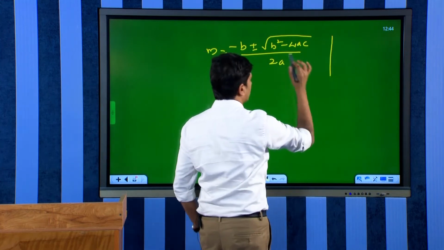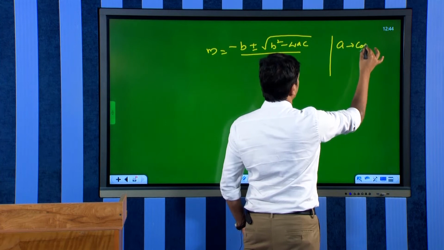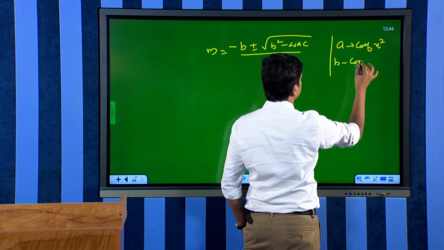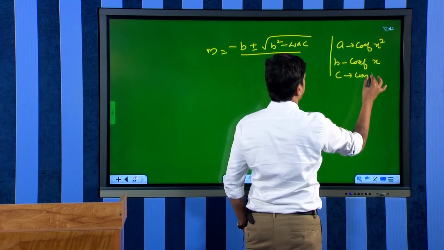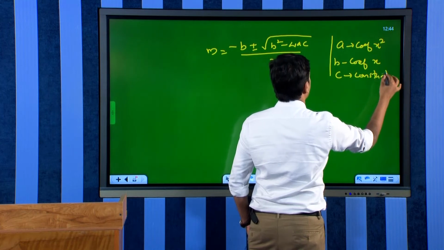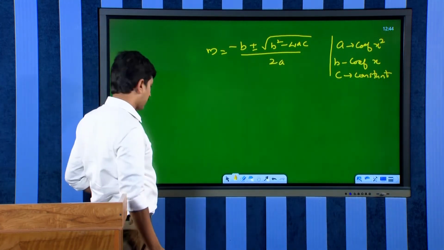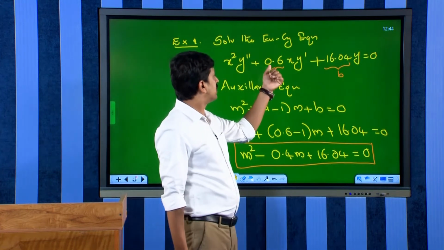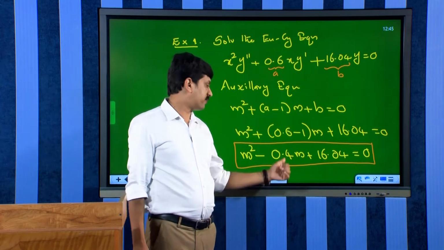Here a is the coefficient of x square, b is the coefficient of x, and c is the constant term. So, dear students, here a and b are different from the normal differential equation.